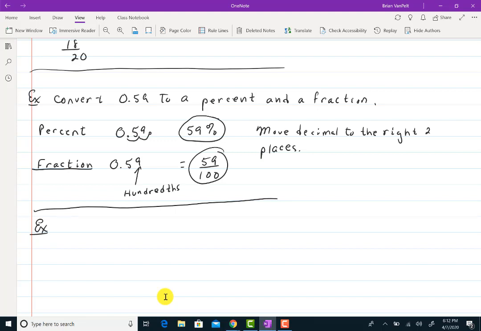Next, let's convert 0.0672 to a fraction and a percent.